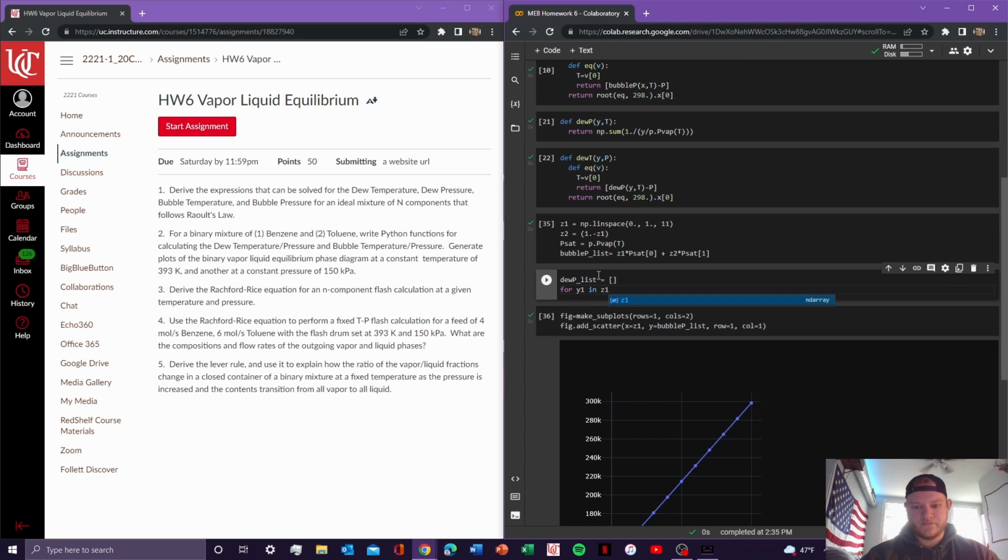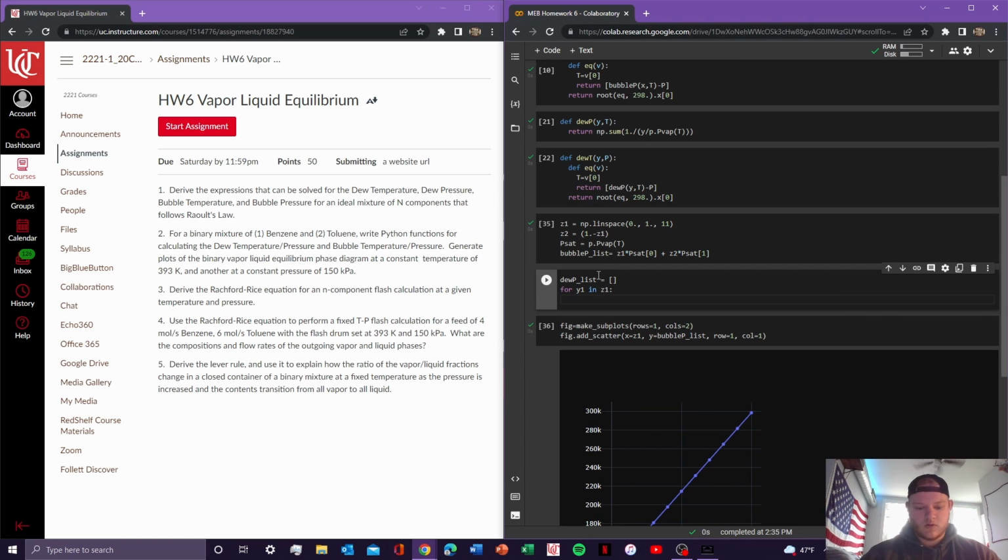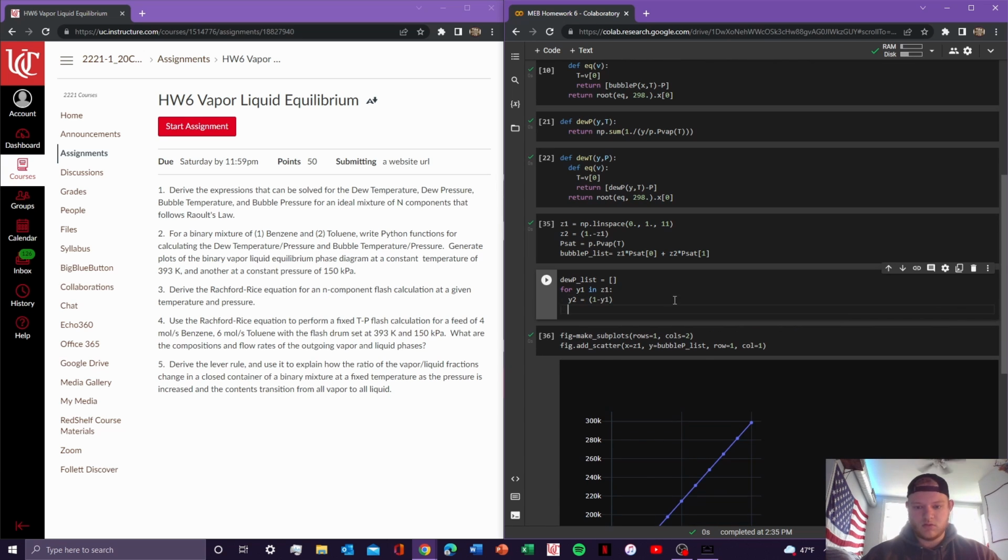Y1 and Z1. No, this is Y2, right? Y2 equals 1 minus Y1. Right? Yeah. And then let me see if I can remember how to append something.